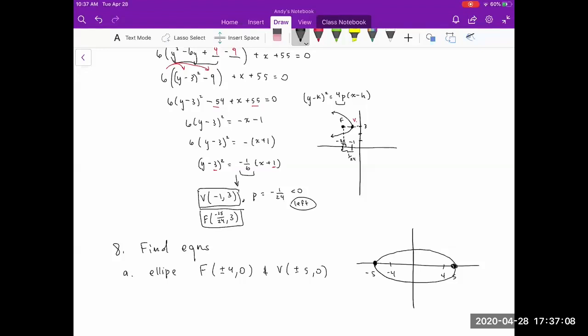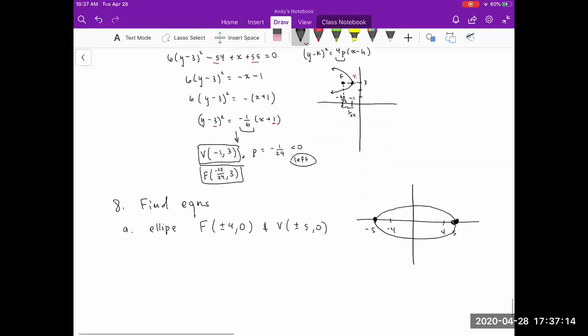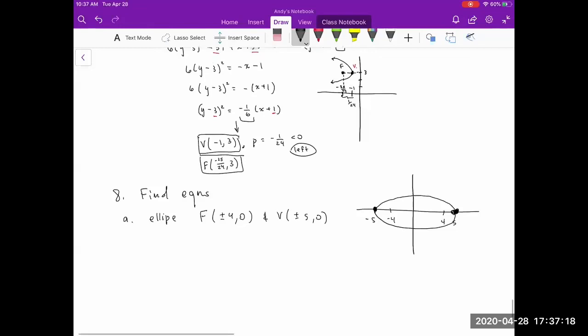Since the vertices lie on the x-axis, the ellipse is stretched in the direction of the x-axis, so horizontally. So we know that this is a horizontal ellipse. And we also know what A is. A is 5. And we know C is 4 because C is the distance from the center to the focus.